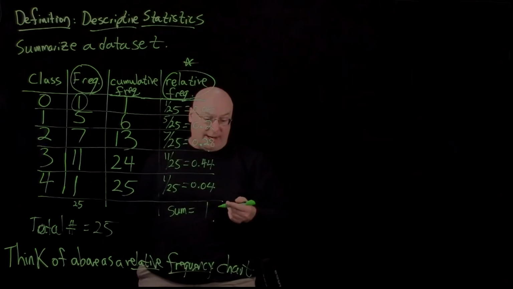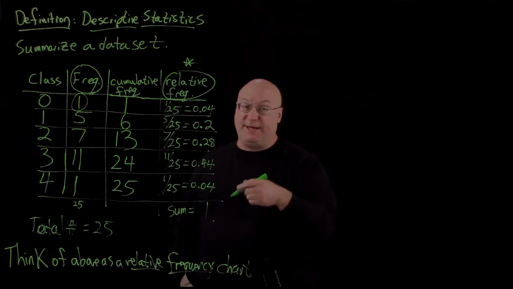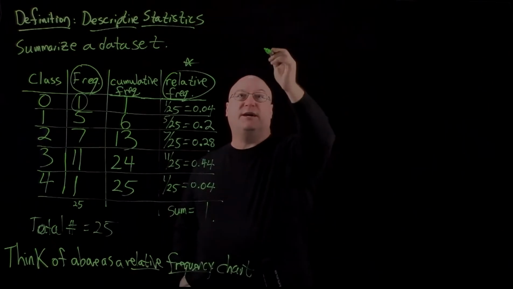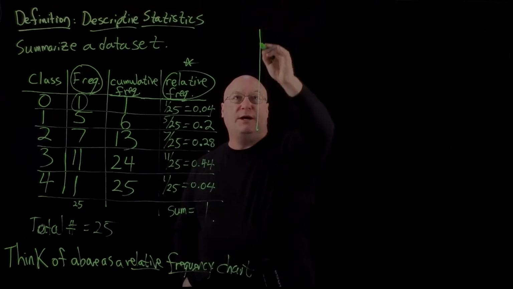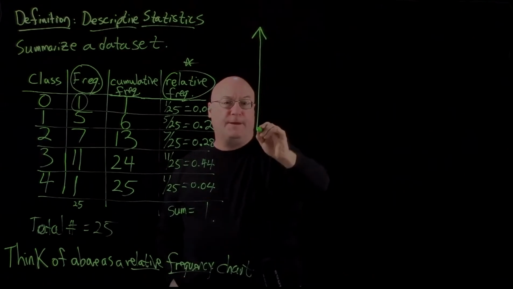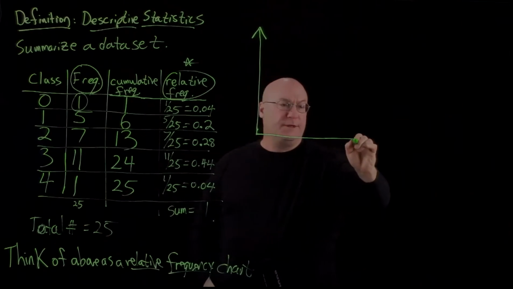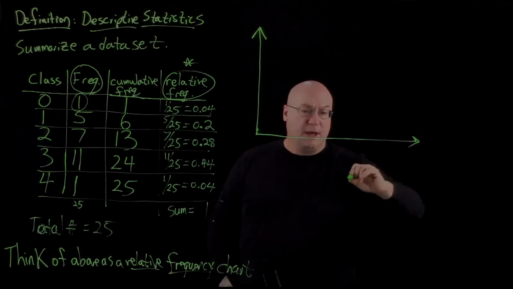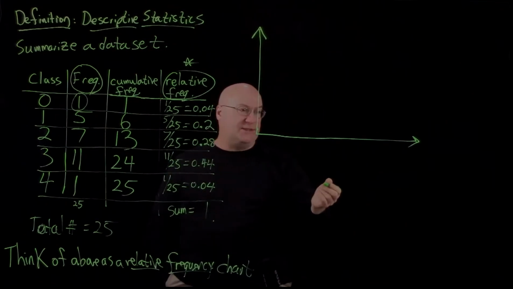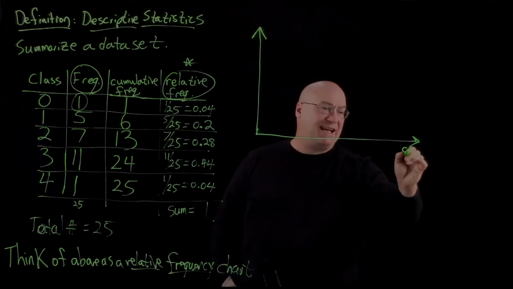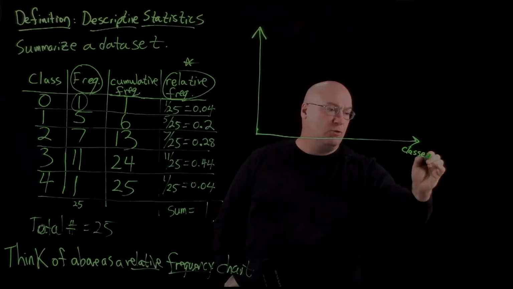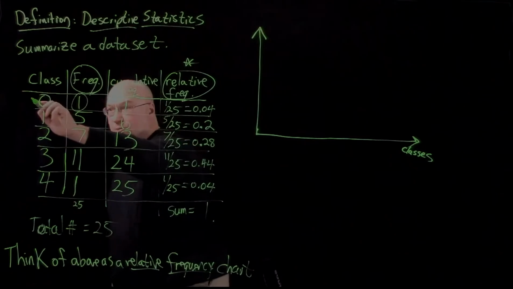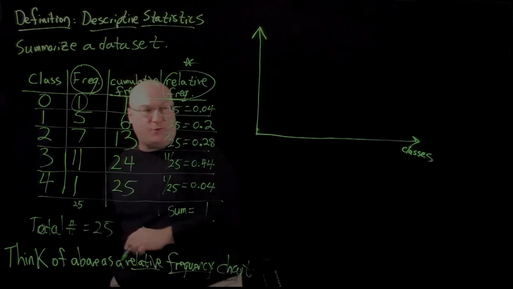What I want to do now is summarize that data graphically, which will give us an even better picture of the data set. Along the horizontal axis, I will have the classes, which are the numerical values: 0 phones, 1, 2, 3, or 4.